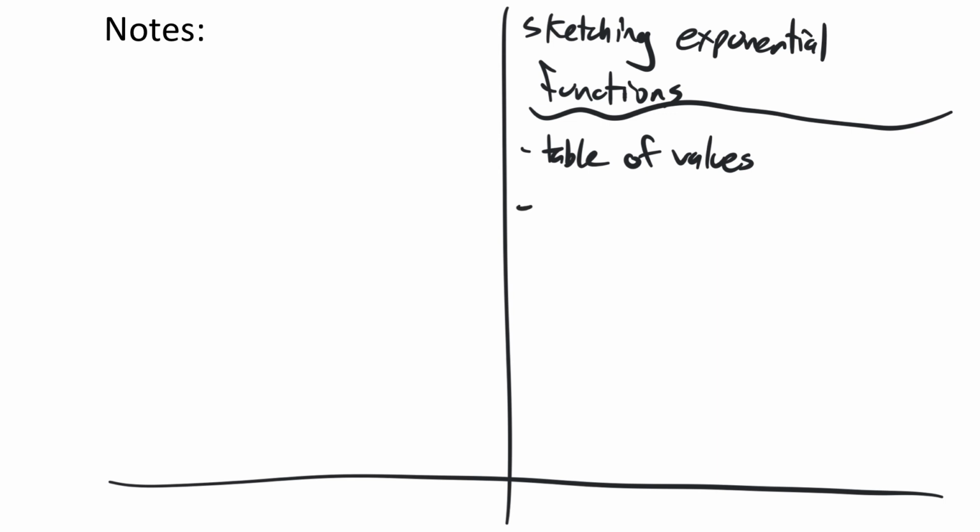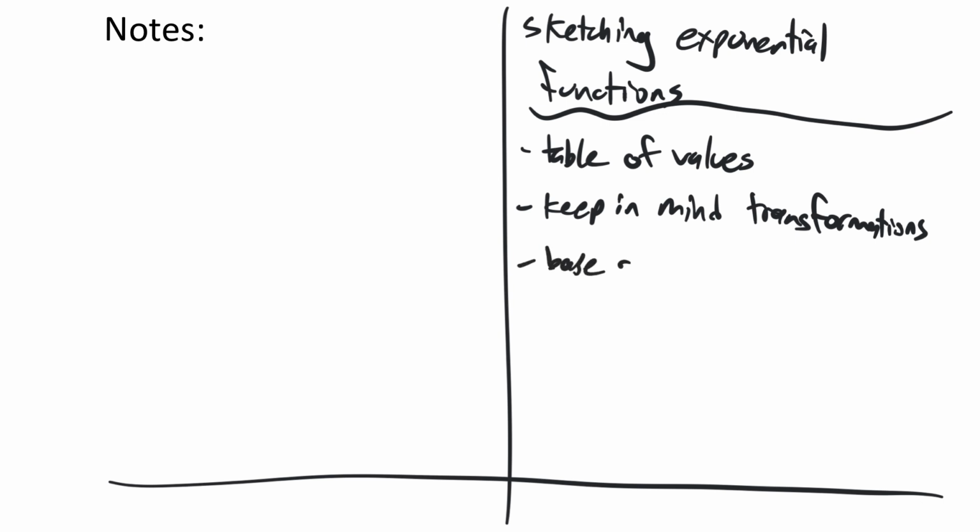But with the table of values, we want to keep in mind transformations. And in that sense, we're kind of thinking about the base graph. So this is the base graph for an exponential function. Let's say y equals 2 to the x.